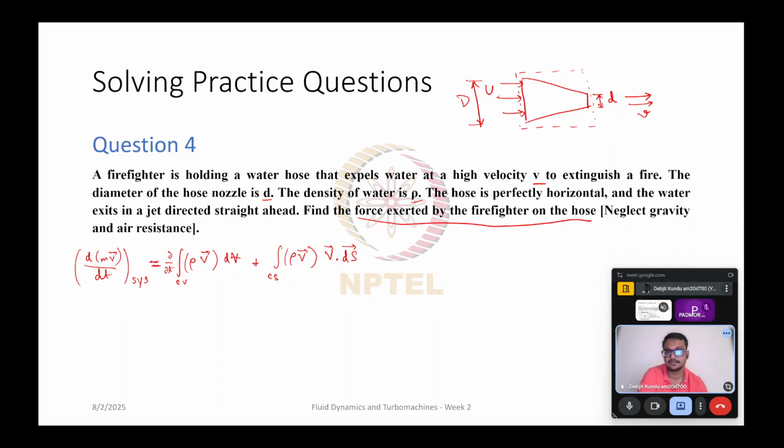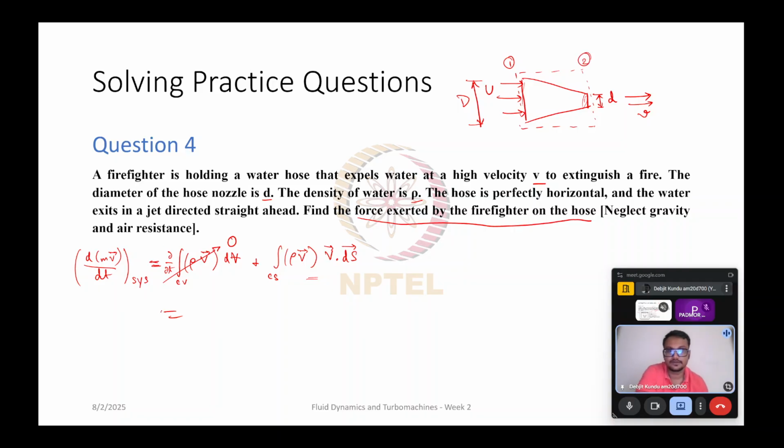Since it is steady, this term goes to zero, and this term over here. Now we don't really need to integrate since the velocity u is constant over this whole surface area as well as the velocity v is constant over this whole surface area, and there's no flow going out the walls. So we can simplify this second term into a summation. Let's call this surface 1, let's call this surface 2.